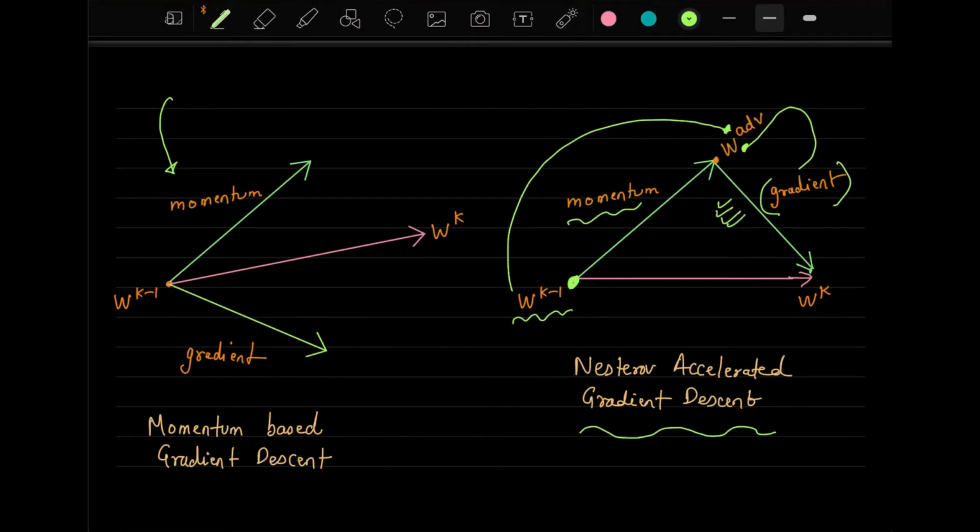And once you get this vector, you move your point from Wk minus 1 to Wk by using this movement here. This vector actually considers this and this vector into consideration to create this particular movement Wk. So this is basically Nesterov accelerated gradient descent.